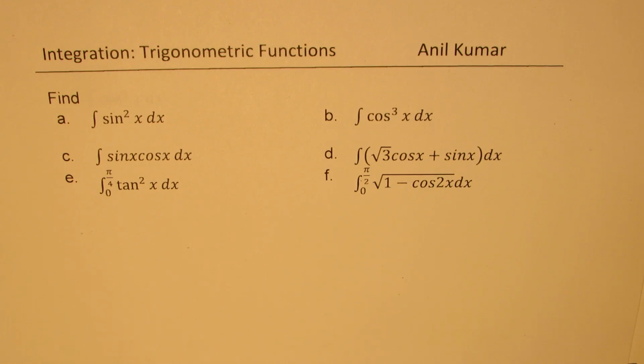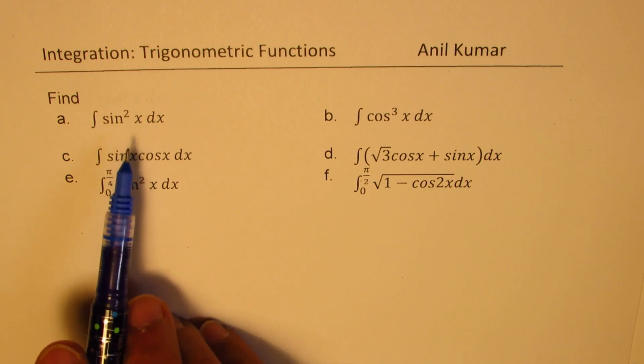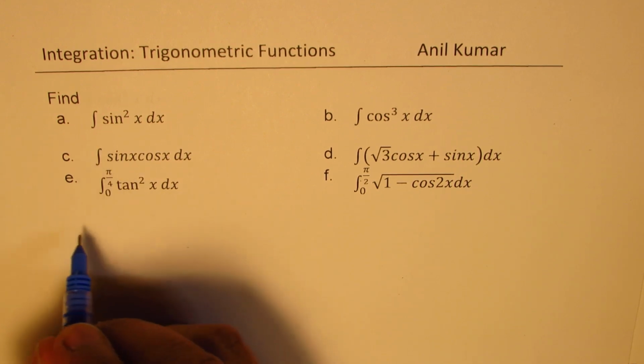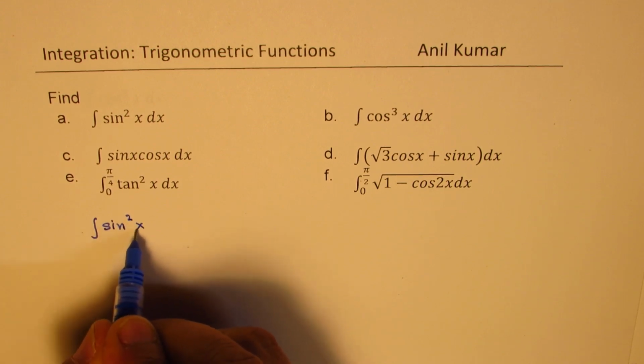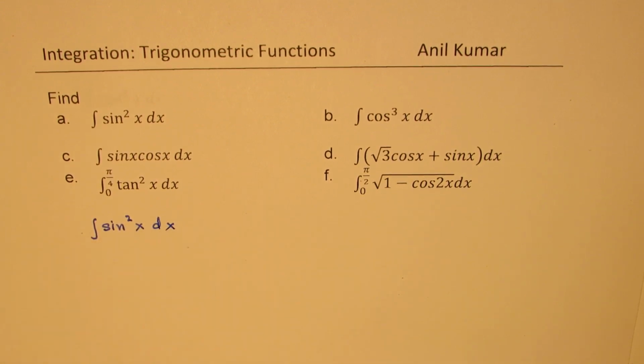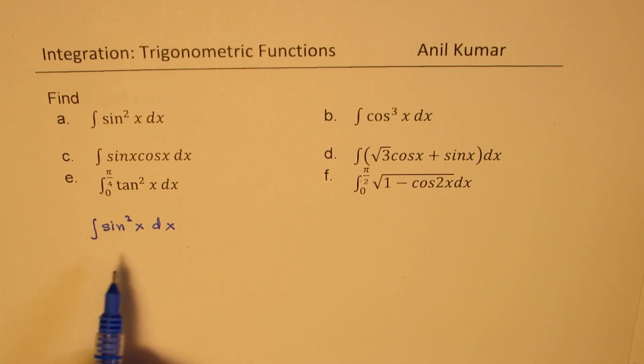So let's have the very first example, which is we need to integrate sine square x dx. Now, to integrate sine square x dx, what we need to do is write it in terms of double angle, right?